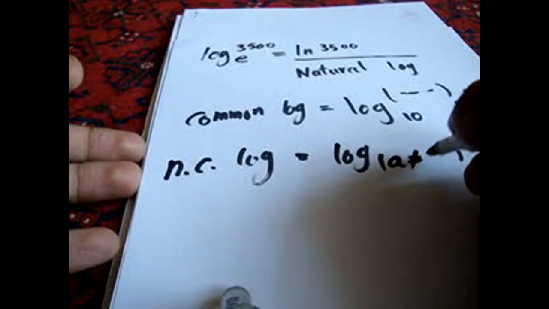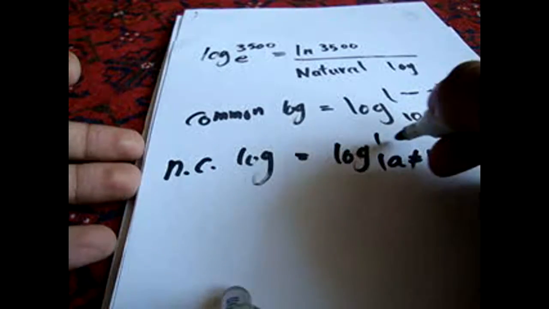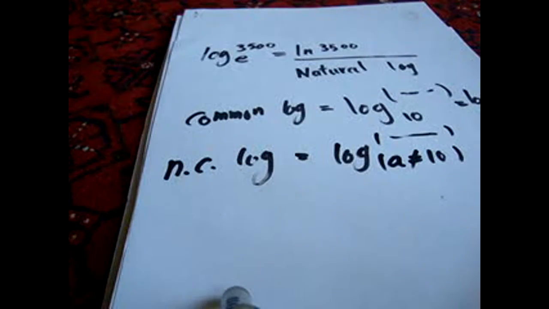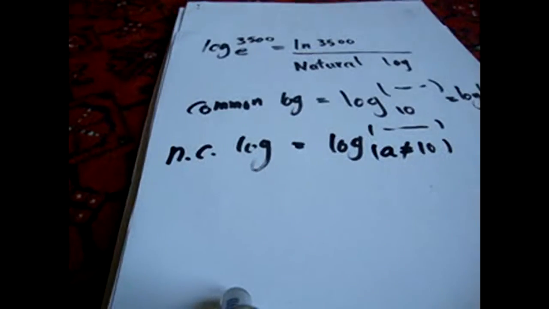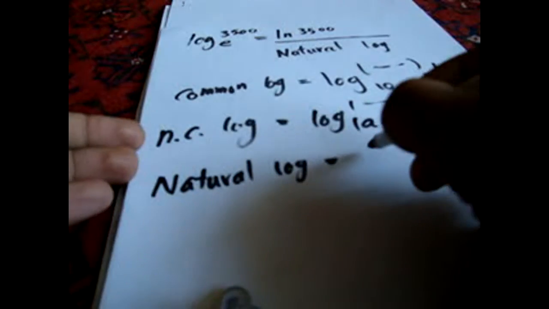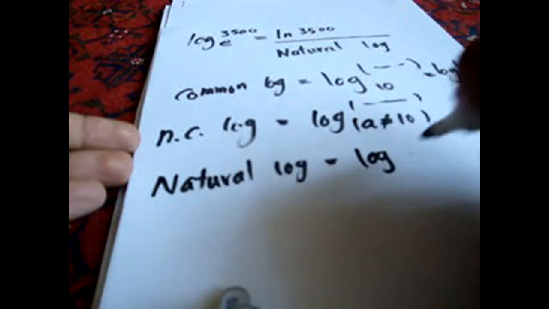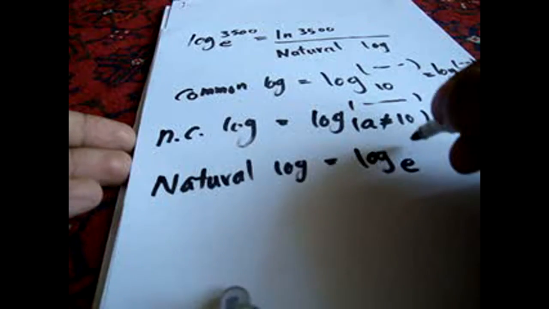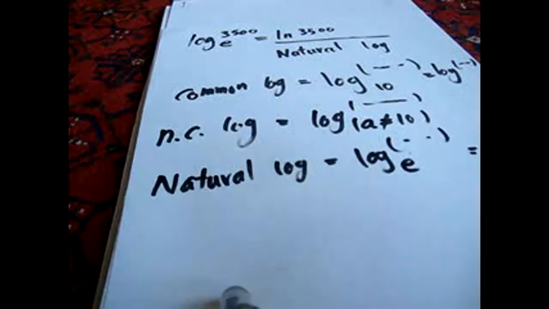This is called a non-common log. So we have the natural log, which is a type of non-common log. If you see the Euler number in the base of a logarithm, it is simply a natural log.